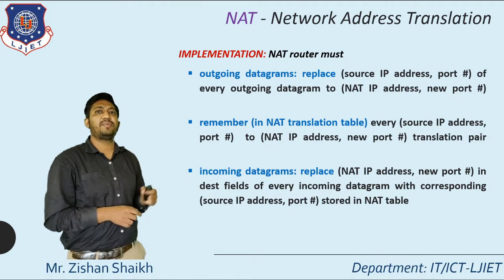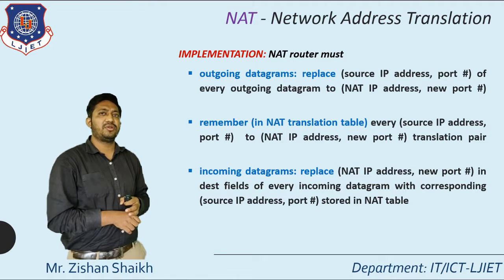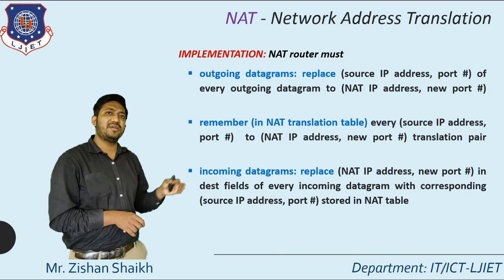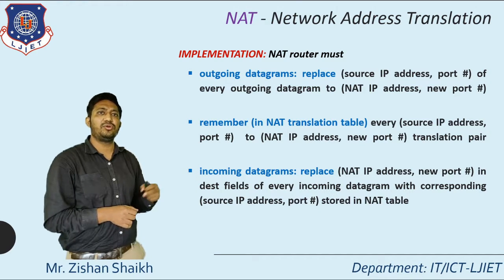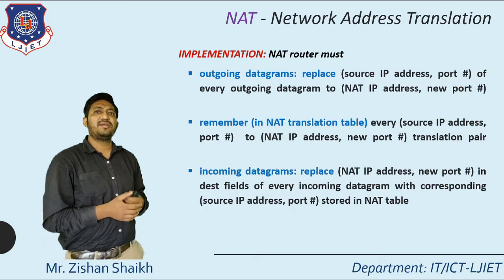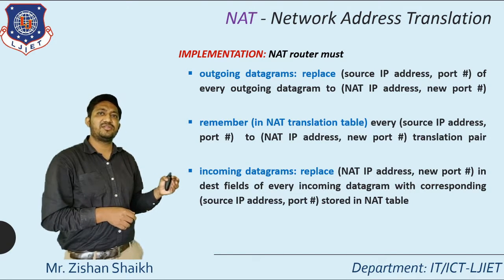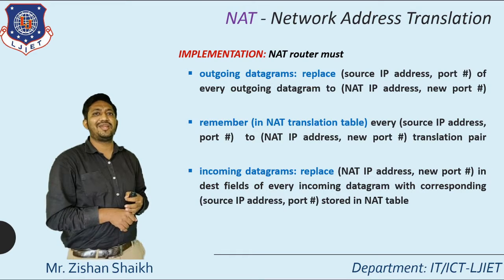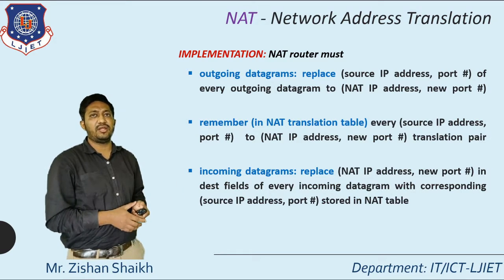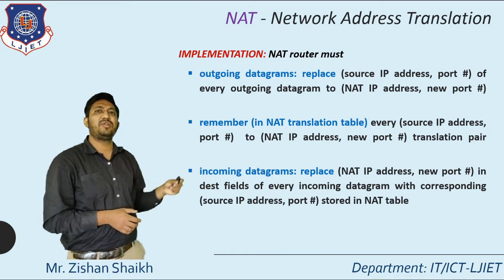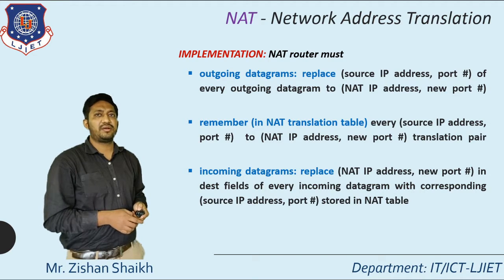That is the third part, the incoming datagram. In the incoming datagram, NAT replaces the NAT IP address and new port in the destination field of every incoming datagram with the corresponding source IP address and port number that is already stored in the NAT table. So these three basic things are maintained by our NAT table.